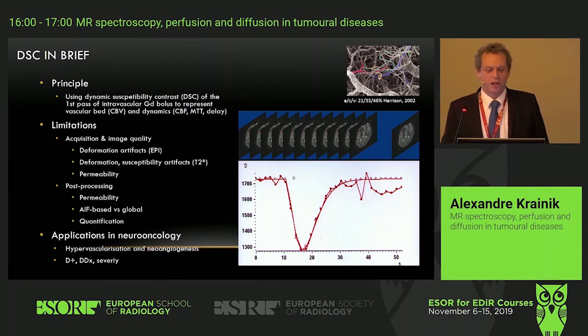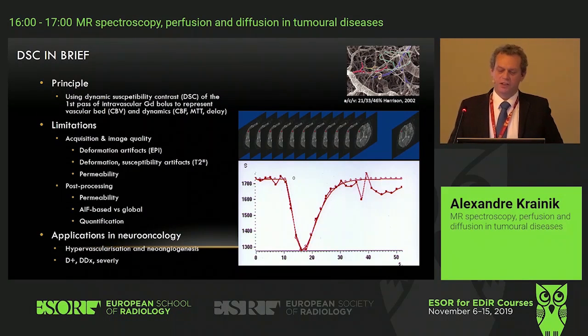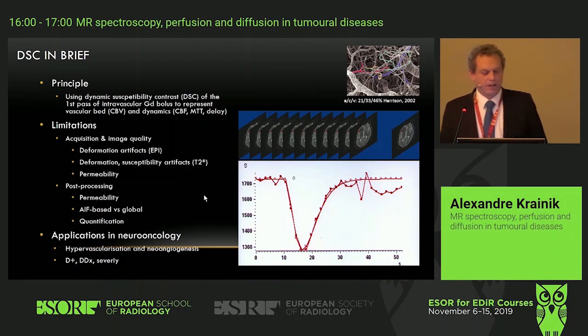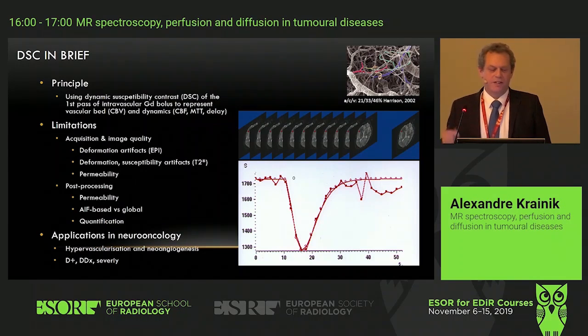I won't mention ASL, even if it's interesting, I guess it's not reliable enough in this topic. Then we use dynamic susceptibility contrast of the first pass of an intravascular contrast agent, gadolinium-based, to represent the vascular bed. And the vascular bed in a voxel is the cerebral blood volume.